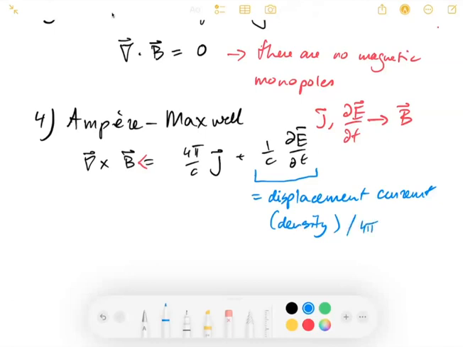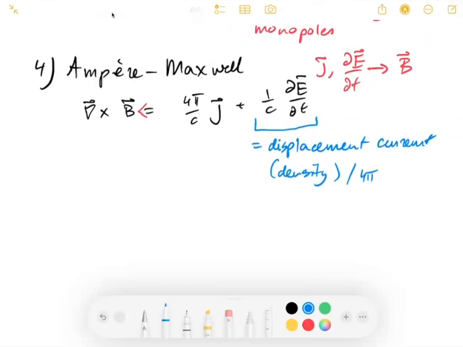So you can factor this in and write it as 4 pi over c times (J plus 1 over 4 pi dE/dt). Then you see that this thing in parentheses looks just like a current, and in fact, that is what it is.